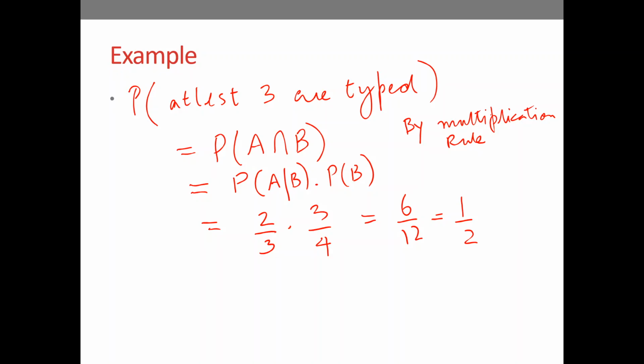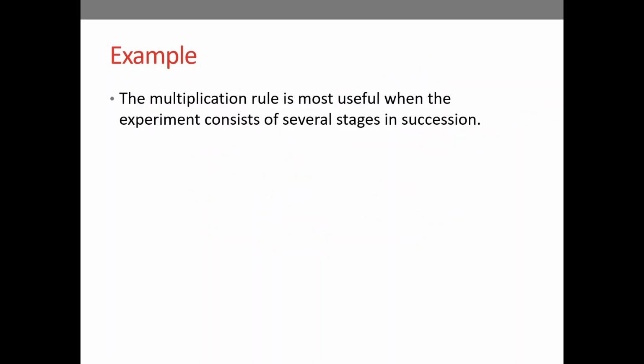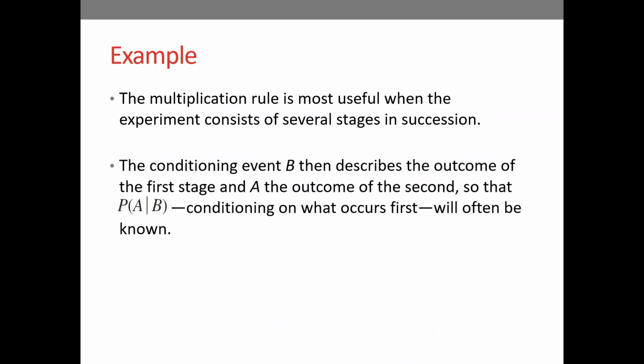Okay, so let me reiterate what I already said about the multiplication rule, which is that the multiplication rule is most useful when the experiment consists of several stages in succession. The conditioning event B will describe the outcome of the first stage and A will describe the outcome of the second, just like we saw in our typing example, so that the probability of A given B, conditioning on what first occurs, will be known.